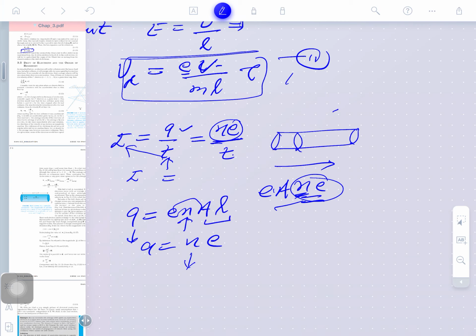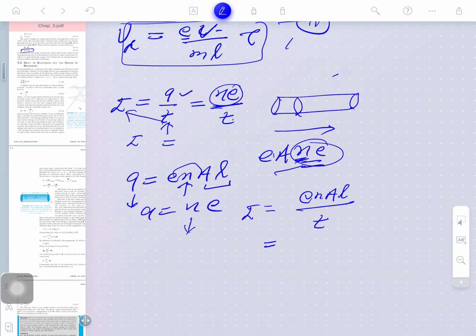So it can be placed here: I is equal to total charge e n A l divided by T. In 1 second it will be given as 1 second. So here it can be taken as e n A l, or in relaxation time further it can be given as tau. Now we have taken the drift velocity.